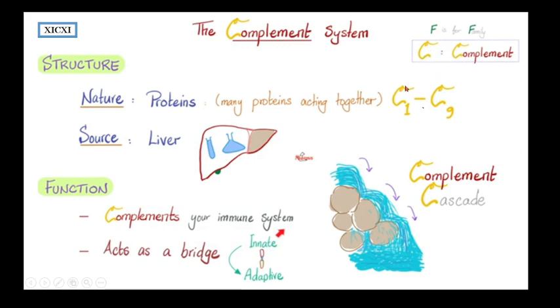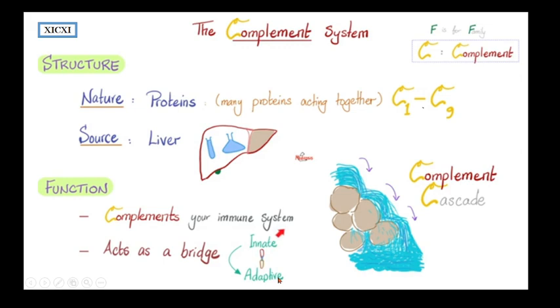So when we say protein 1 in the complement system, it is C1, meaning complement 1, complement 2, up to complement 9. So we have 9 proteins which help us destroy antigens in our body. The complement system acts as a bridge between innate and adaptive immunity.